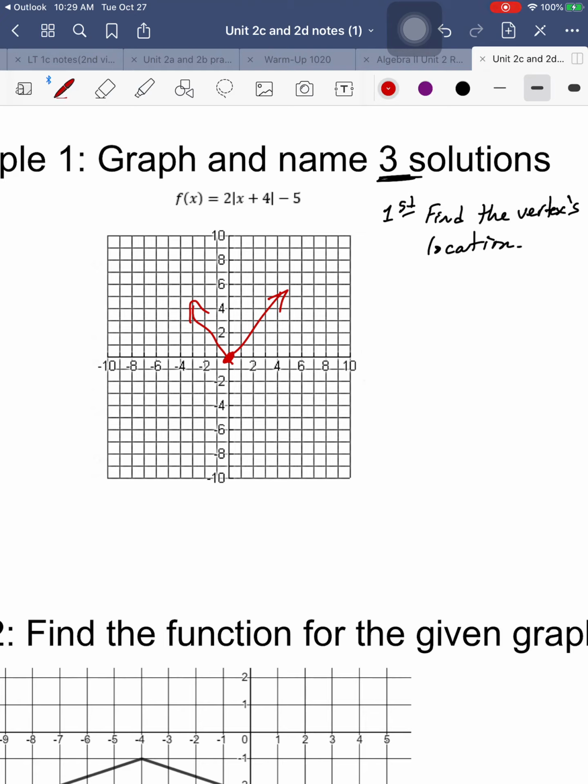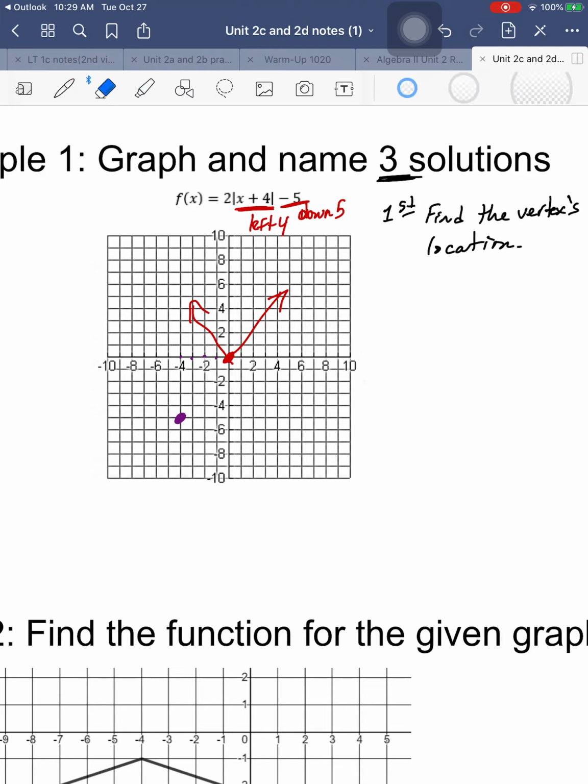Well, you look at left, right, and up and down. So left and right, plus 4, what does that mean? That means left 4. And then minus 5 means down 5. So the vertex, left 4, 1, 2, 3, 4, down 5. Here we go. There's the vertex.